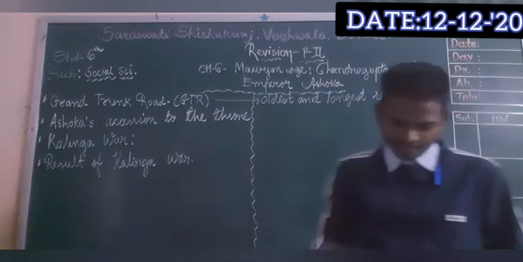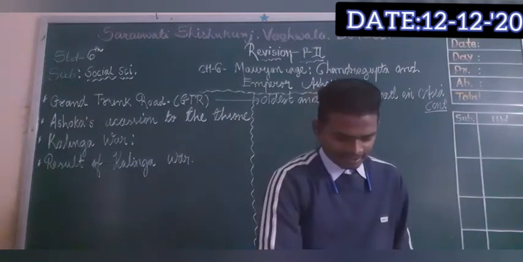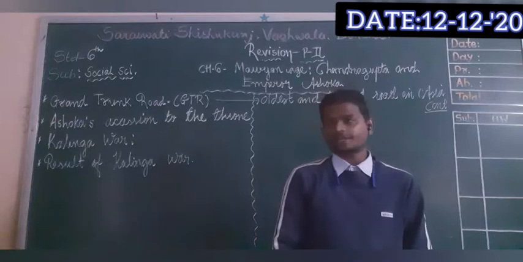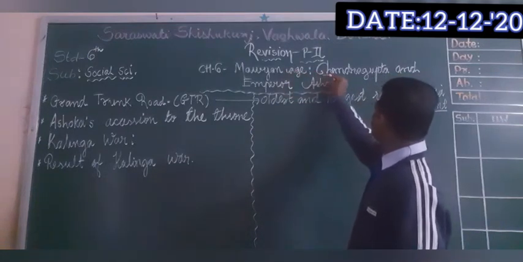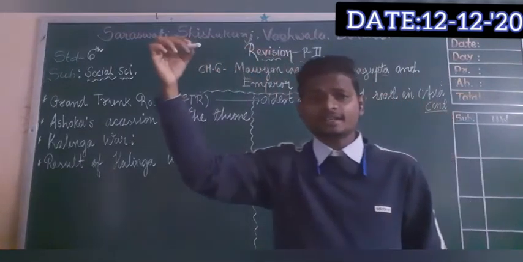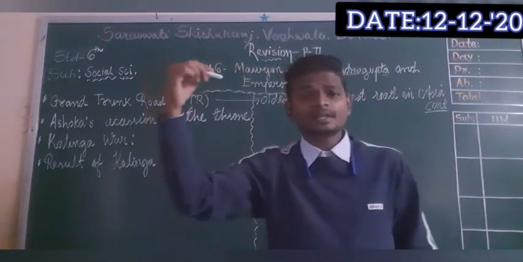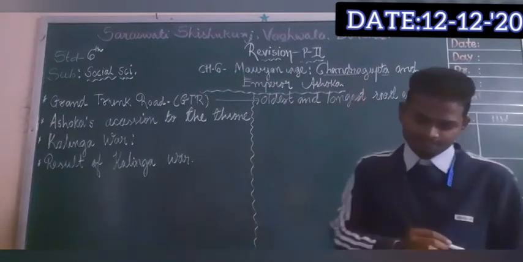The road was first constructed at the time of Chandragupta Maurya. Who constructed it, and in whose time? In the time of Chandragupta Maurya.